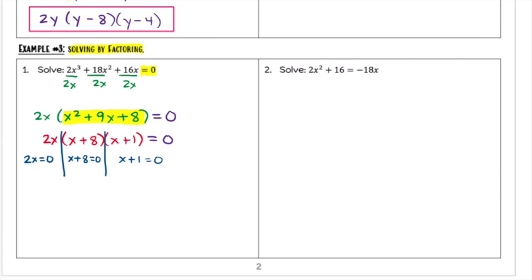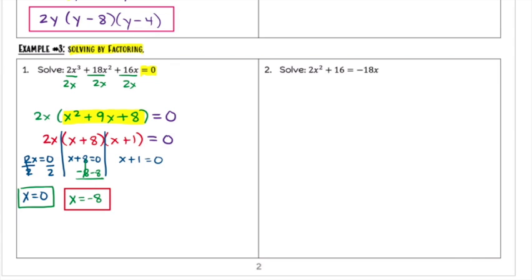So if I do that for that first piece, the 2x equals 0, I could divide each side by 2, giving us x equals 0. There's one possible answer. If I solve for x in the second one, I would minus 8 on both sides. And I would get x is equal to negative 8. This is another possible answer.